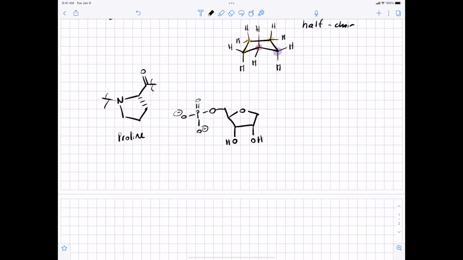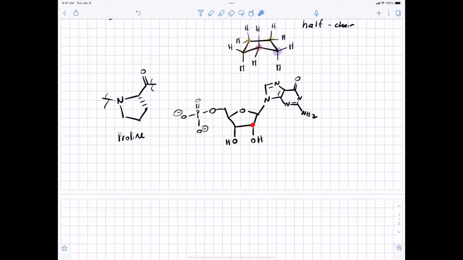Sure, why not? And then we'll put, can I draw the structure of some? Let's see if I can. I believe that's guanine.